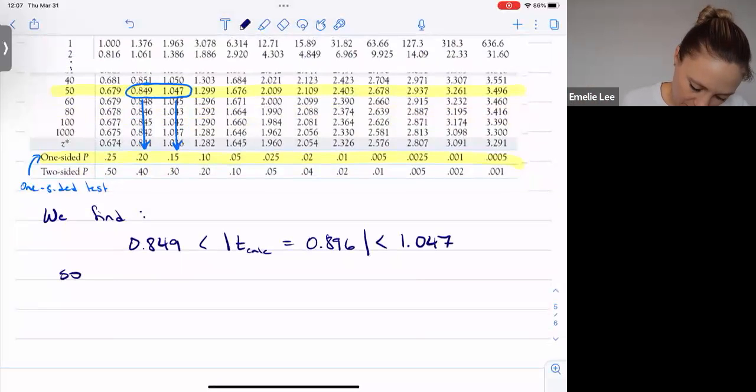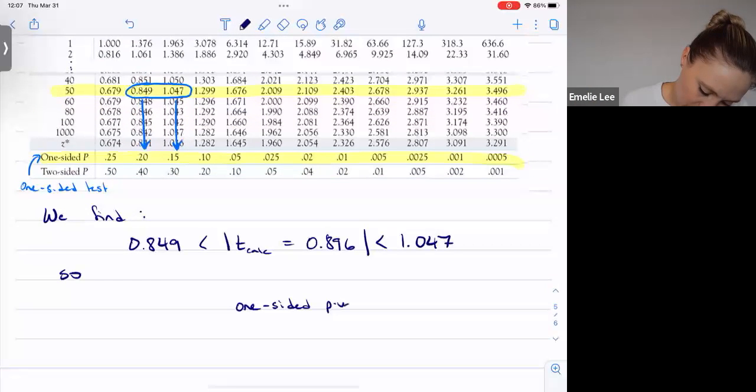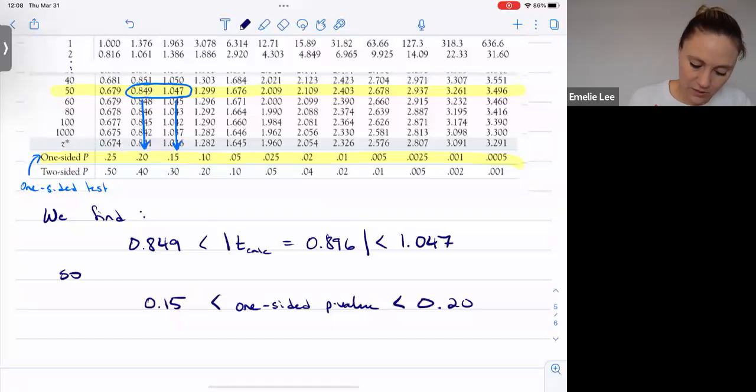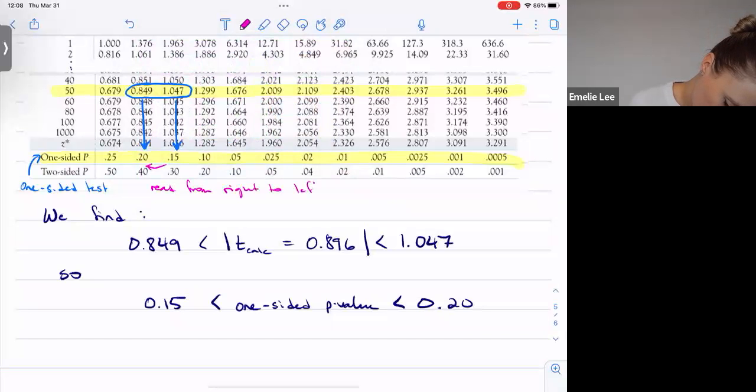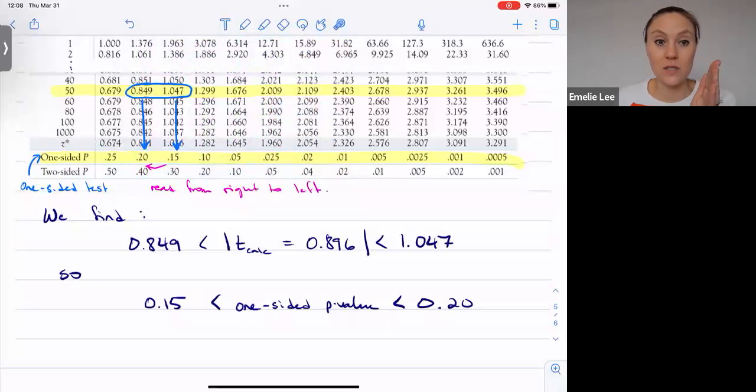The one-sided p-value, as soon as we know what it is, is between 0.15 and 0.20, right? Read from right to left, right? Because 0.15 is smaller than 0.2. So our one-sided p-value is somewhere between 0.15 and 0.2.